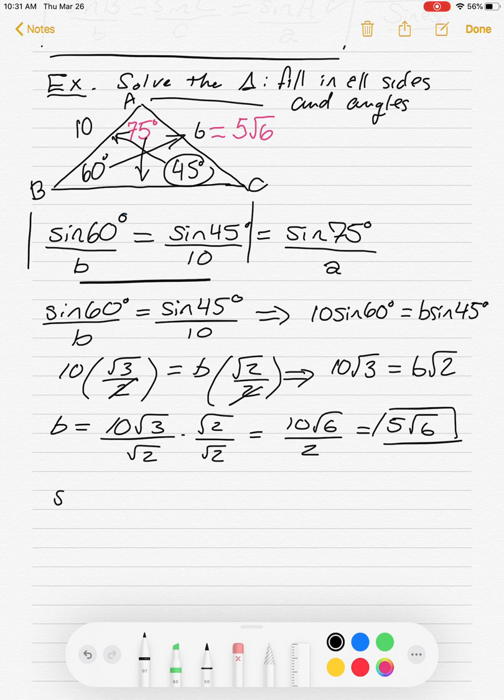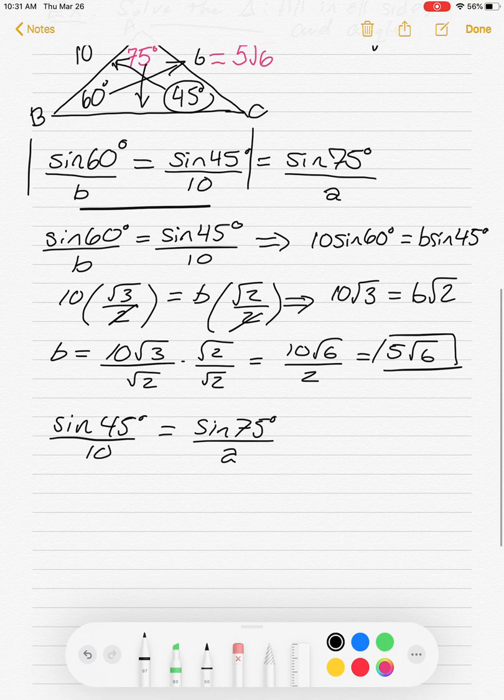So I'll take, let's see, sine of 45 degrees over 10 is sine of 75 degrees over A. Go with that one. And then cross multiply, so A sine 45 is 10 sine 75 degrees.